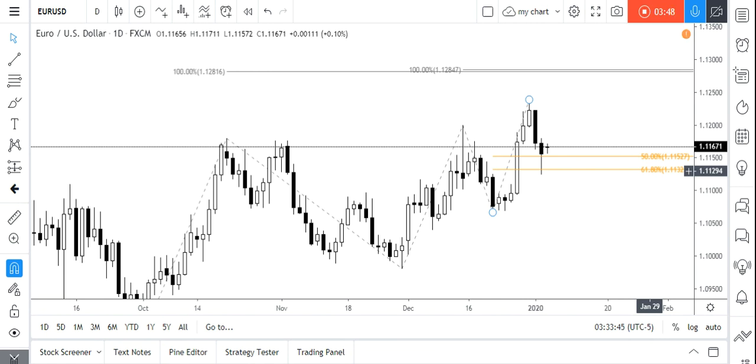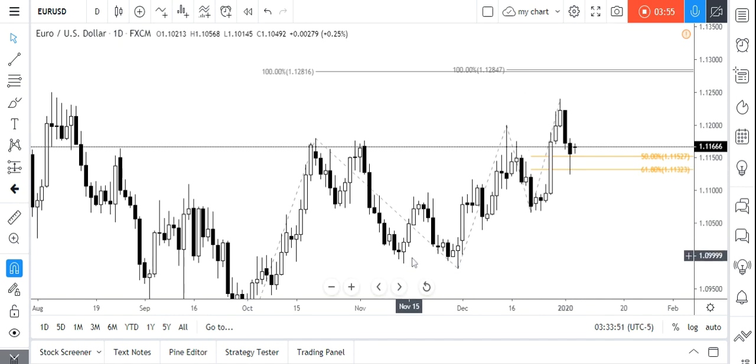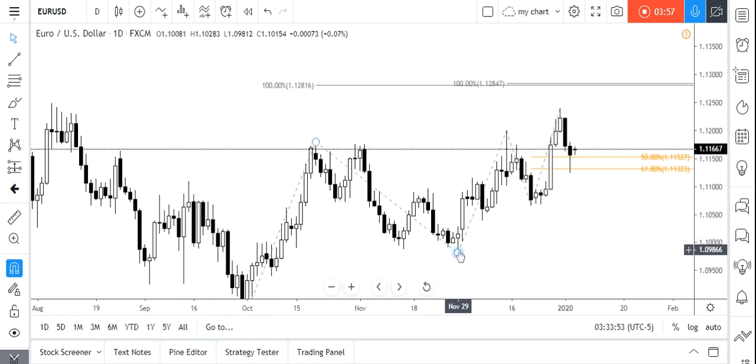for further upward continuation. But if we look at the bigger picture, this entire recent ABCD is a single leg on the weekly time frame, and a deeper retracement on the weekly time frame will still be possible.